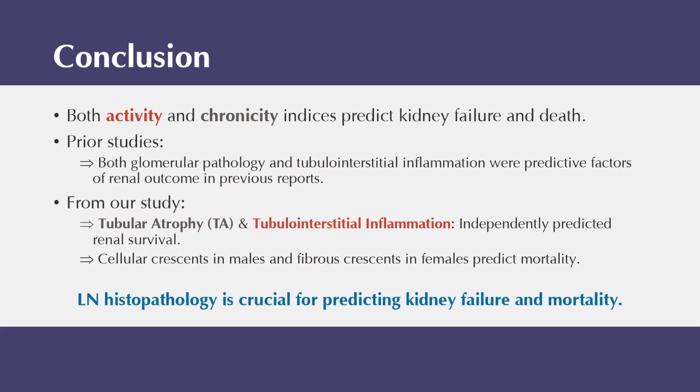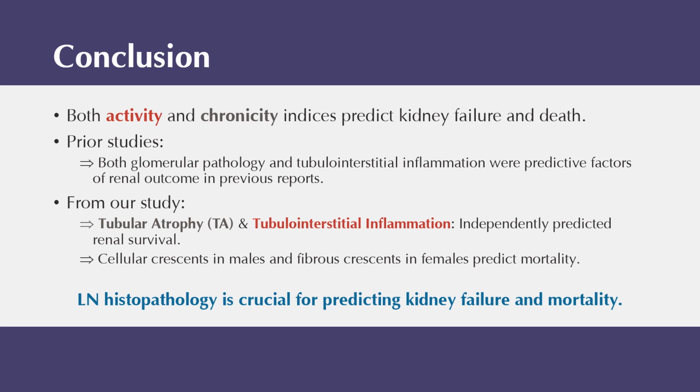Clinical and renal histopathologic variables are linked to kidney failure and death in lupus patients. From previous literature, both glomerular pathology and tubular interstitial inflammation predicted renal outcomes. Our study highlighted that both activity and chronicity indices in histology were predictors of kidney failure and death.